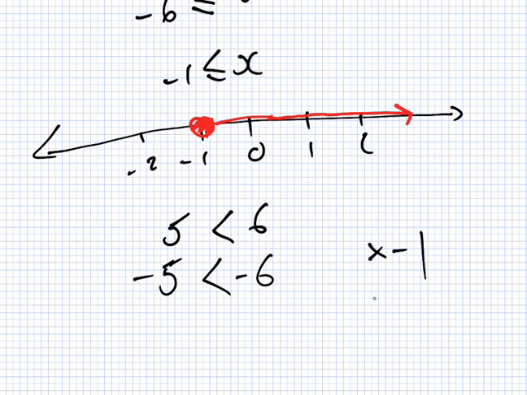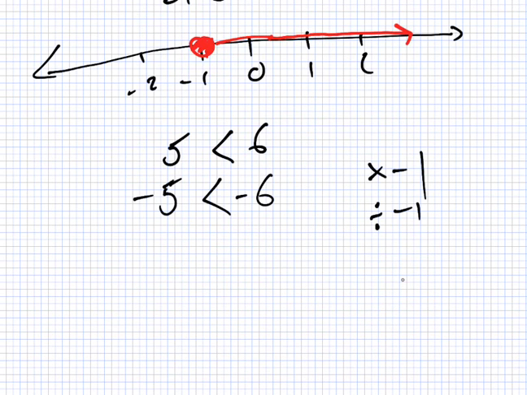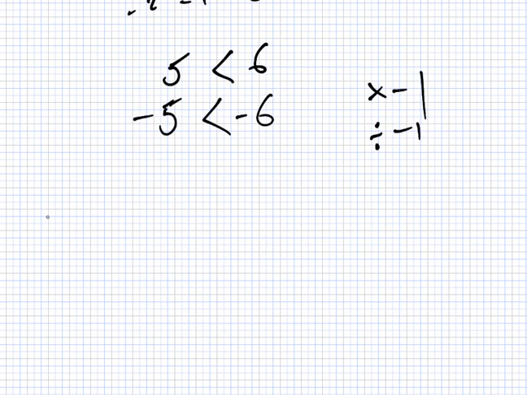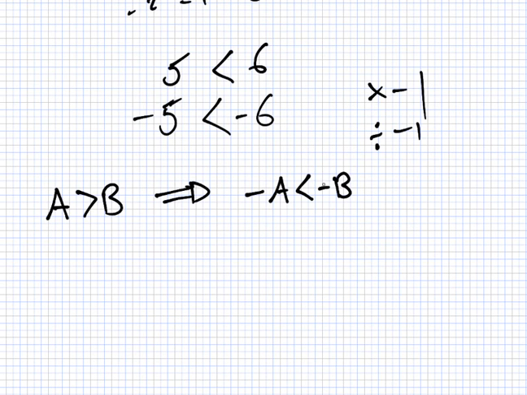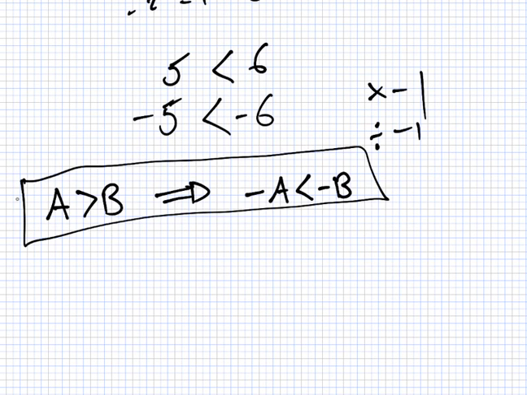Whenever we multiply or divide by a negative number, the sign gets flipped around. Okay? So if I have a greater than b, that gets flipped around. If I put minus on both sides, I have minus a smaller than minus b. So we just need to take care with this, okay? Just be careful. When you have a minus and you multiply or divide, it flips it.